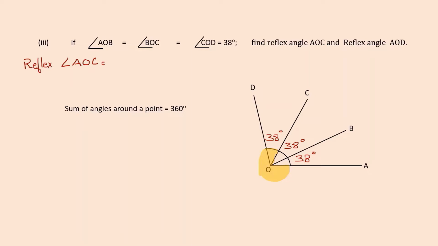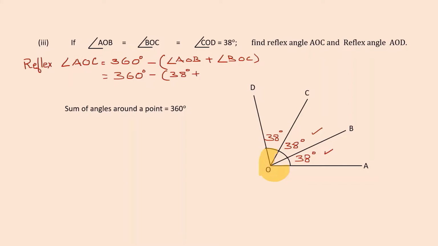So I say 360 degrees minus, now I have to minus these two angles from it. When I minus these two, I get the remaining. So what are the angles that I must subtract? Angle AOB and angle BOC. So let's do that. 360 degrees minus, how much is angle AOB? 38 degrees.